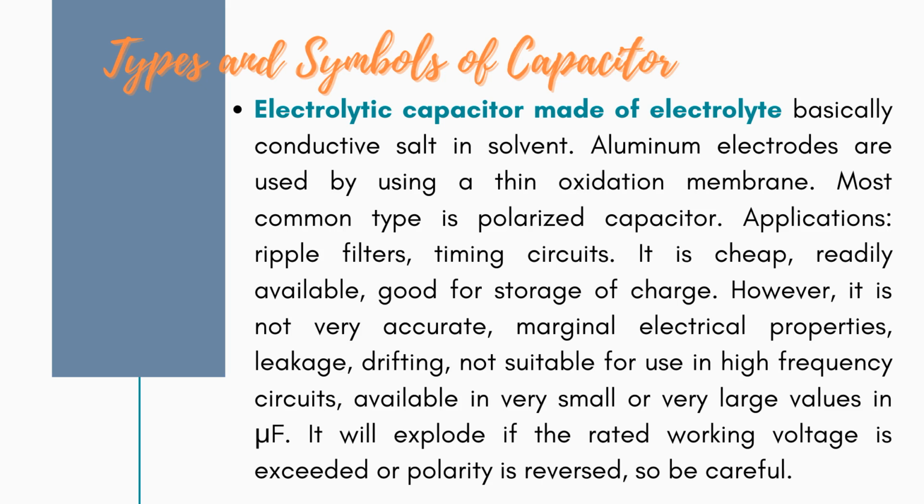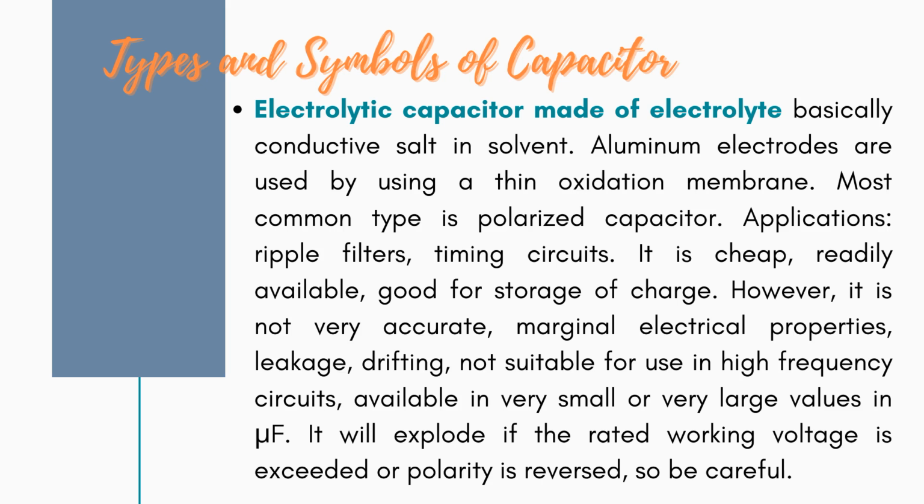1. Electrolytic capacitor. An electrolytic capacitor is made of electrolyte, basically conductive salt in solvent. Aluminum electrodes are used with a thin oxidation membrane. The most common type is the polarized capacitor. Applications: ripple filters, timing circuits. It is cheap, readily available, good for storage of charge.